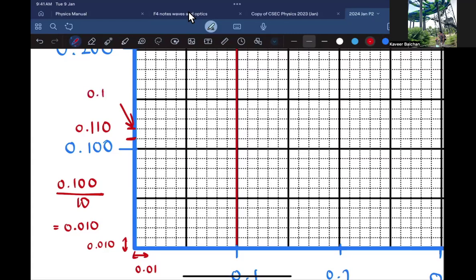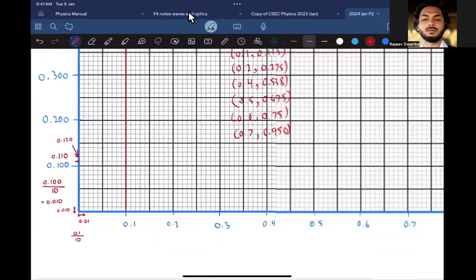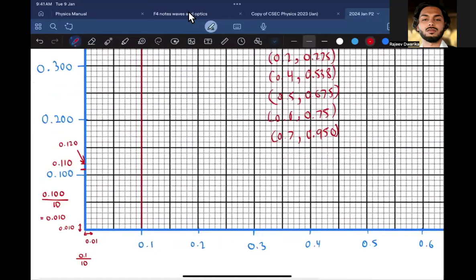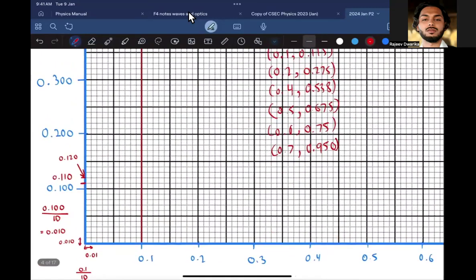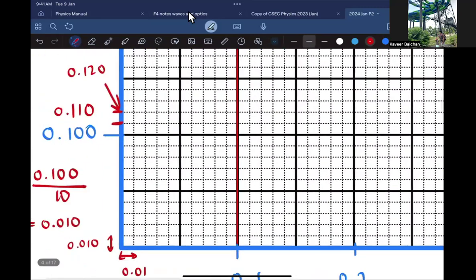0.120. Okay, and we want to get 0.113, right? Can you recognize that 0.113 is in between 0.110 and 0.120? Where will that be? Would I put it over here, somewhere over here, or somewhere over here? Somewhere at the second spot. The second spot, right?